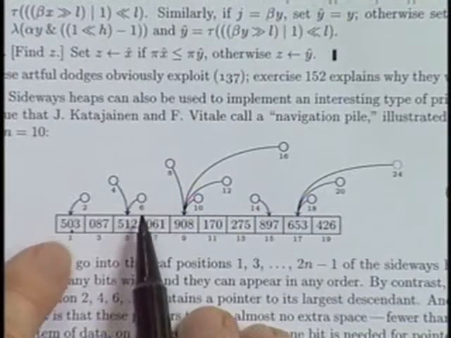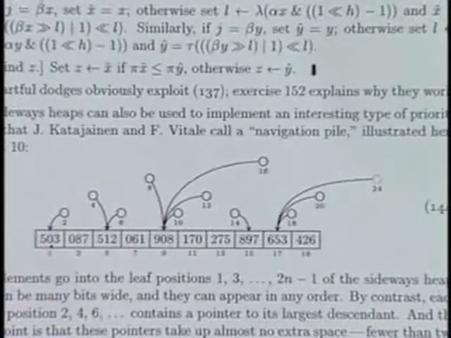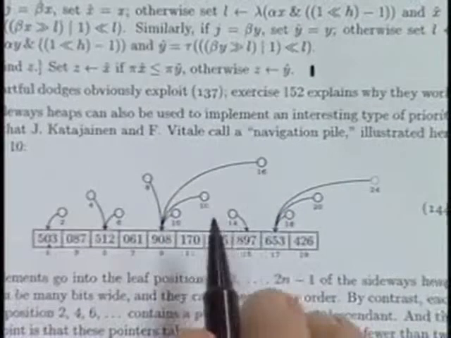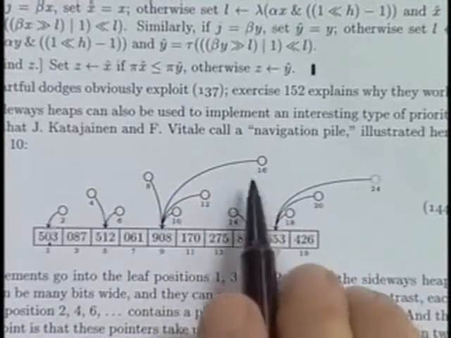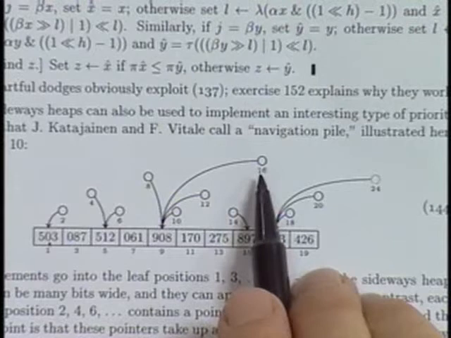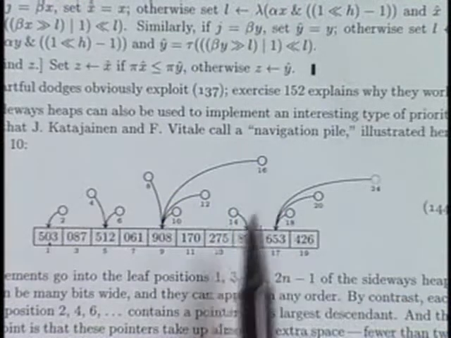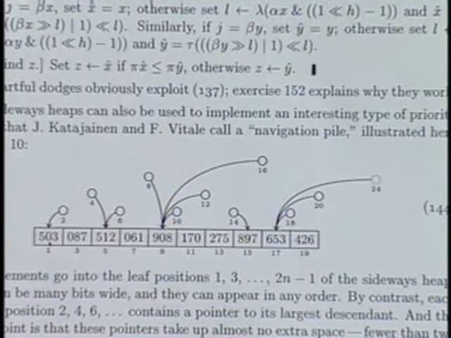Now, in order to extract these pointers, you have to do shifting around and masking in the register. You have to do a little calculation, given that you want to know the pointer from node 16, for example. You have to say, well, it has 4 bits, and those 4 bits are packed somewhere. Where are they?